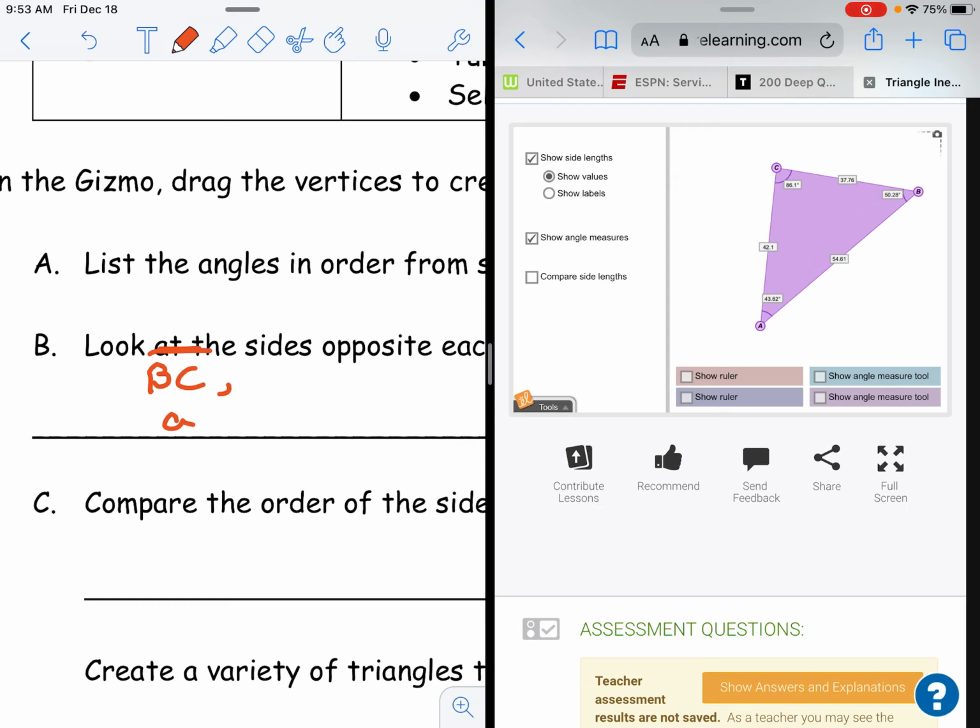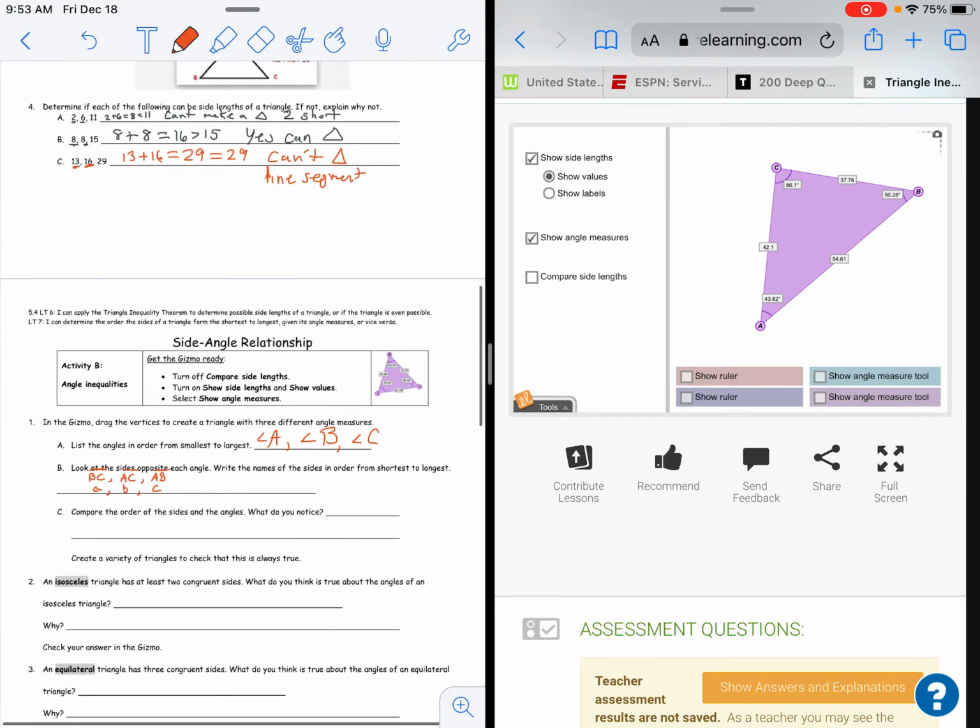The next shortest side is AC, which we can call b. And the longest side is AB, which we can call lowercase c. Notice this: from smallest to largest for angles, it was angle A to angle B to angle C. Similarly, it was side a to side b to side c. Wow, interesting.